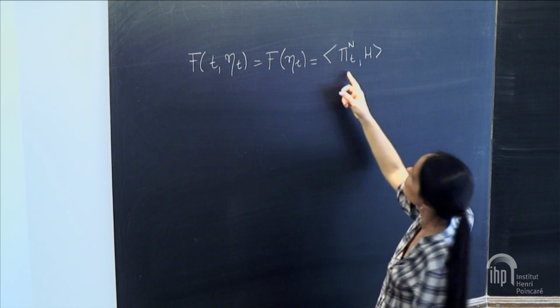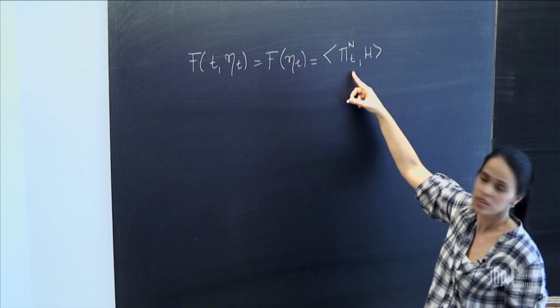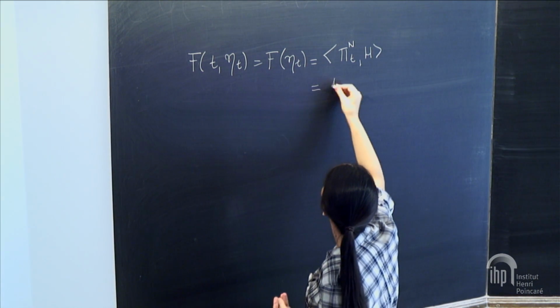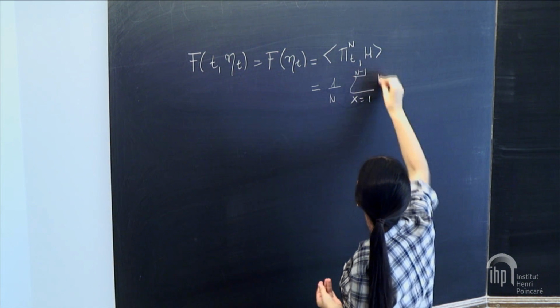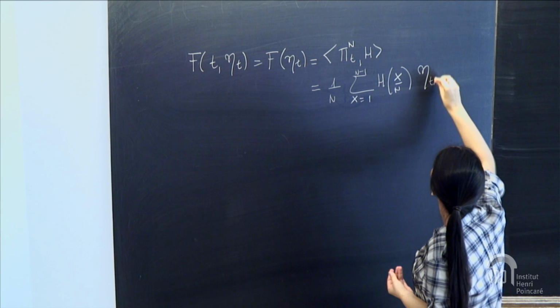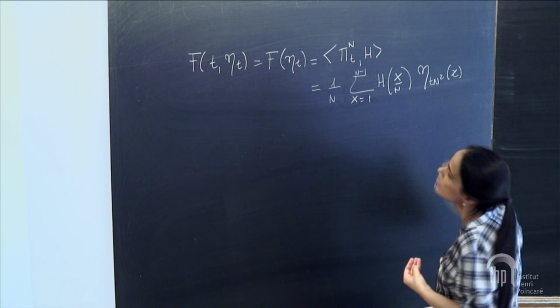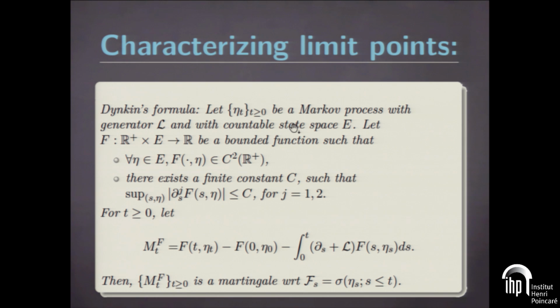So this means it is the integral of a test function h with respect to the empirical measure. Okay? So this means that this is 1 over n, the sum of x going from 1 to n minus 1, h(x/n) eta_t(n squared x). Okay? I'm going to use it with this function, so I know that I have this expression.